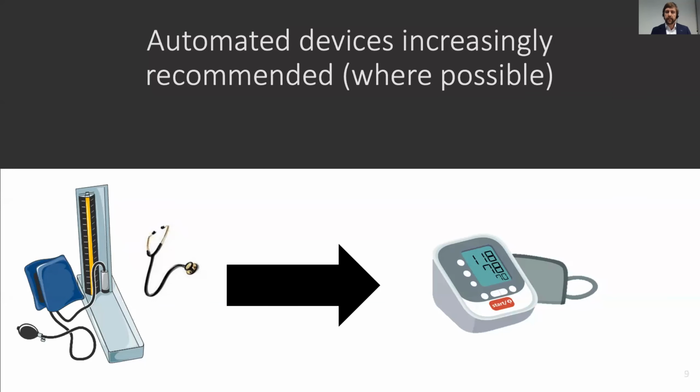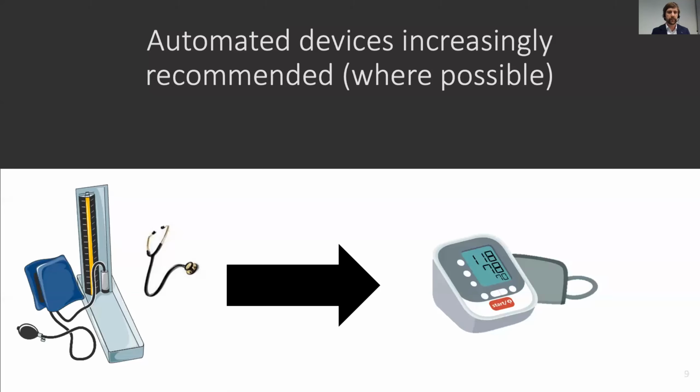Next slide, please. So, as I think Pedro mentioned in the introduction, and we saw the video as well, automated devices are being increasingly recommended where possible. Originally, since the early 1900s, we've used these manual blood pressure measurements, which you can see on the left here.